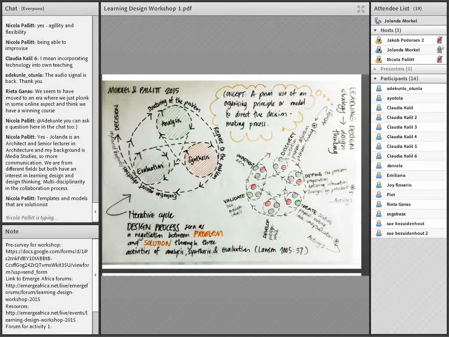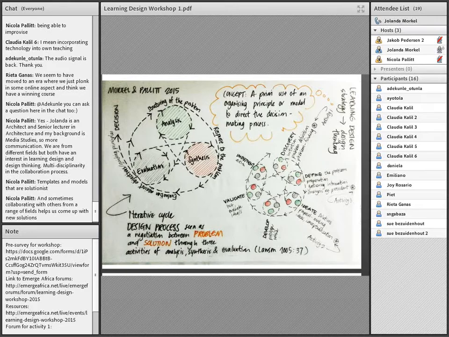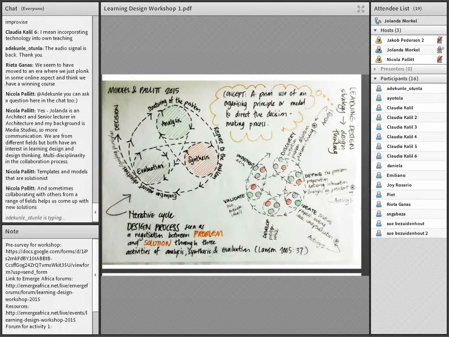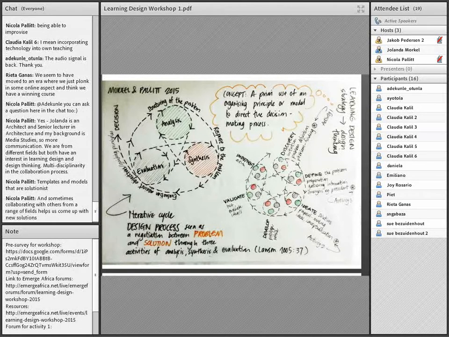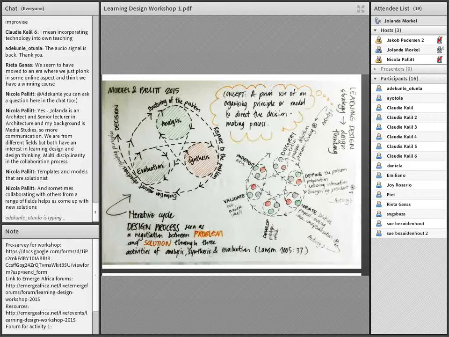So what we've tried to graphically reproduce is this iterative process, which does not happen once but many times. So moving from the problem to the solution, you go through cycles of analysis, synthesis, and evaluation, but not in a single loop, in a series of loops.